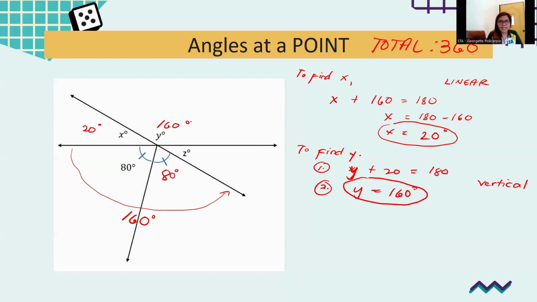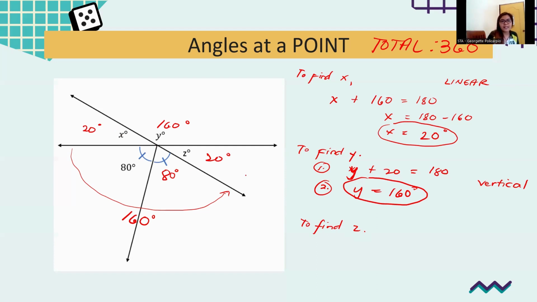Now, to find z. What could be the measure of z? If you answered that z is 20 degrees, you are correct. There are also two methods here.